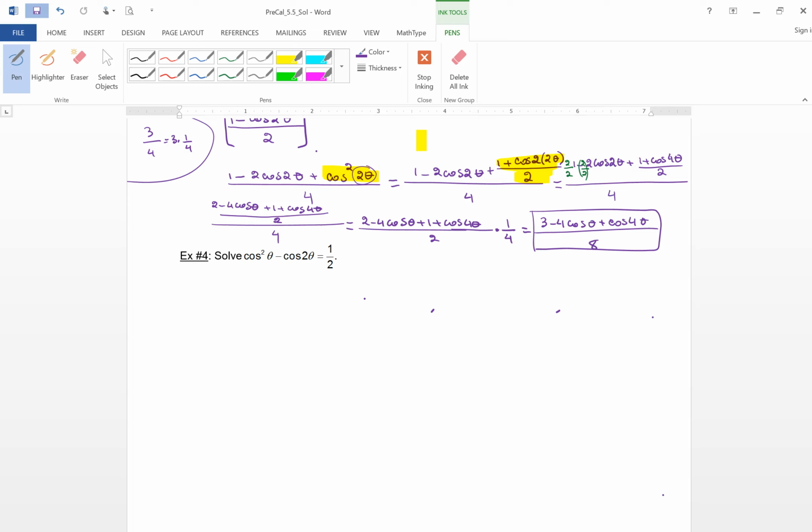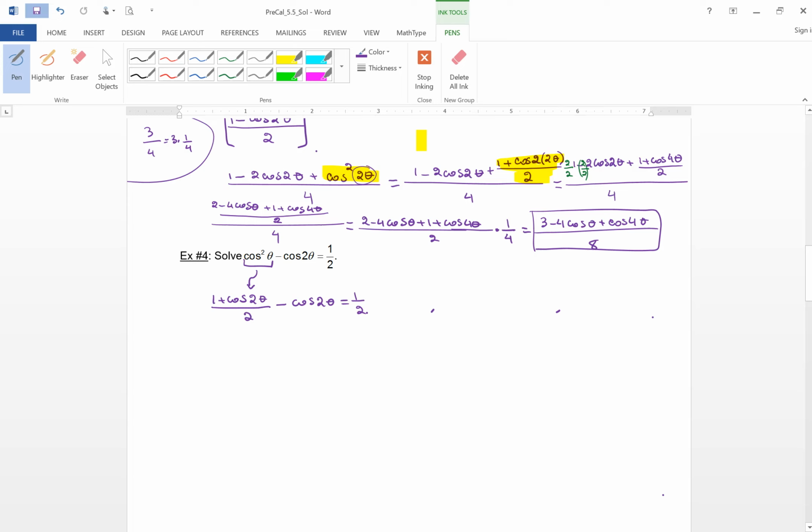All right. So here we have an issue. We have an issue because we have an angle theta and an angle 2 theta, and they just don't mix with each other. But luckily we have an identity for cosine squared theta. What was the identity for cosine squared theta? 1 plus cosine 2 theta over 2. Oh, look at that. You guys memorized it already. Minus cosine 2 theta equals 1 over 2.